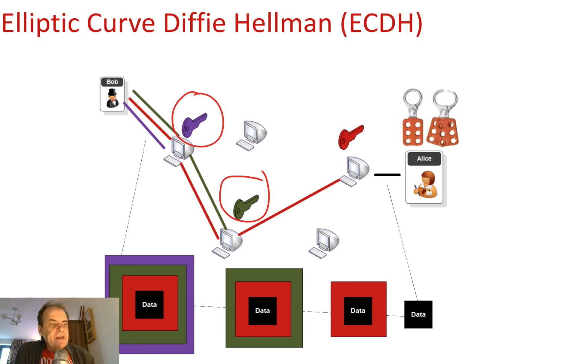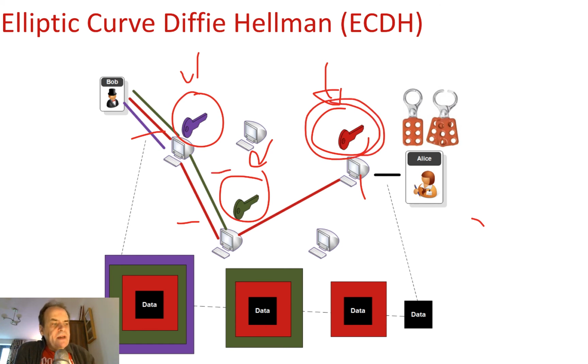With the Tor network, what we do is create a key for each node. In this case, Bob will encrypt with each of the keys to go to Alice. The first key he encrypts is this one, then that one, then that one, and it creates an onion effect.